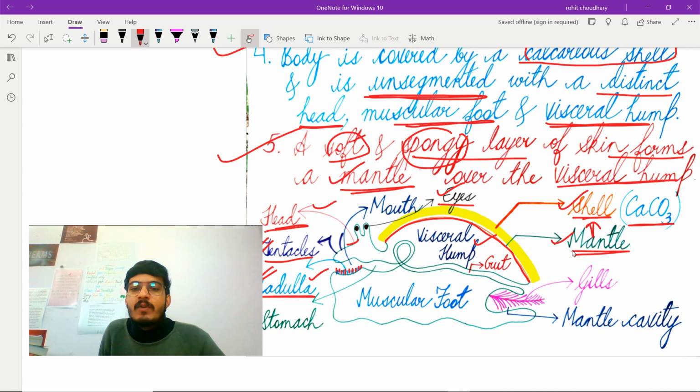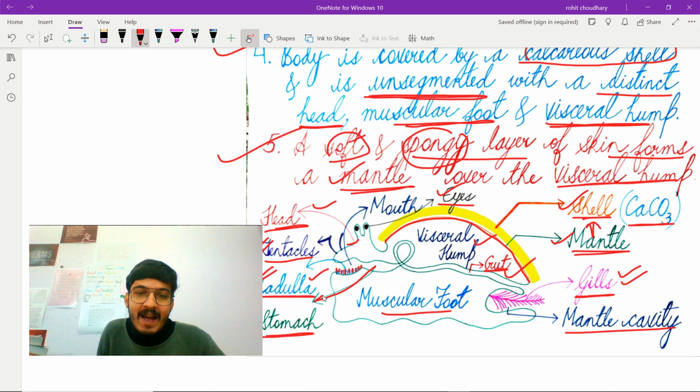So you should know the sequence where these are located. We can see the gut, between the muscular foot and visceral hump. There is a mantle cavity which possesses gills, and these gills help in respiration as well as excretion. This is the stomach. So this is the diagrammatic view of the members belonging to phylum Mollusca.